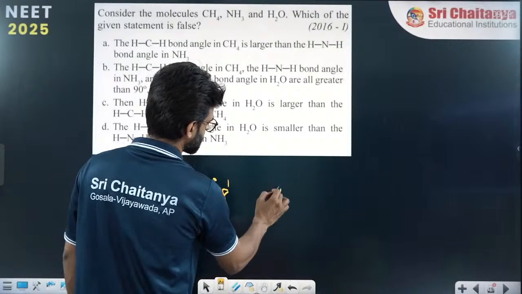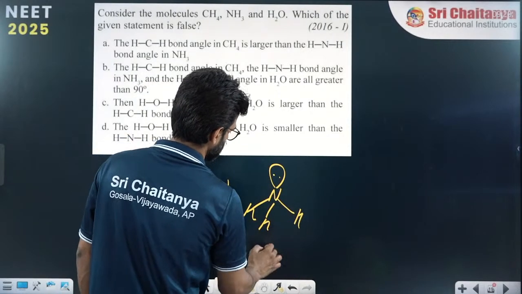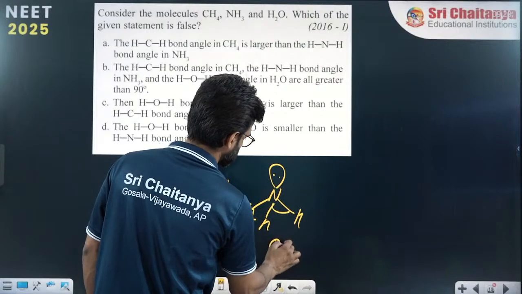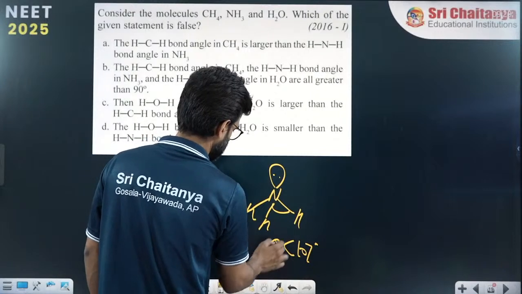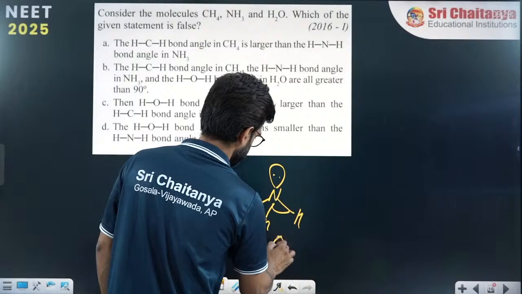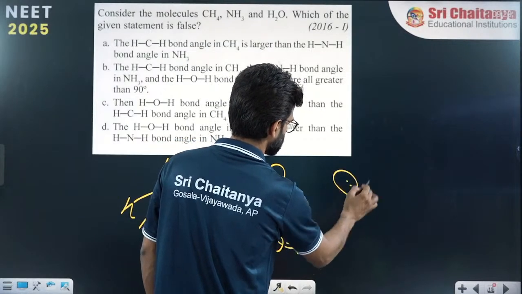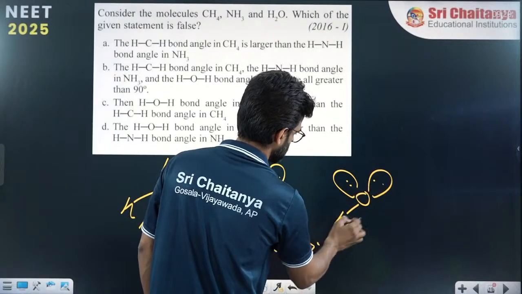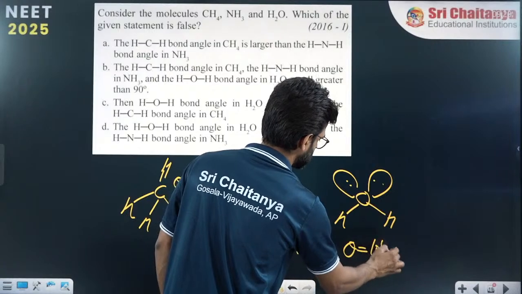We know very well that in ammonia we have a lone pair. Because of the lone pair, the bond angle becomes a little less than expected. It is almost 107 degrees. And in water we have two lone pairs here, right?